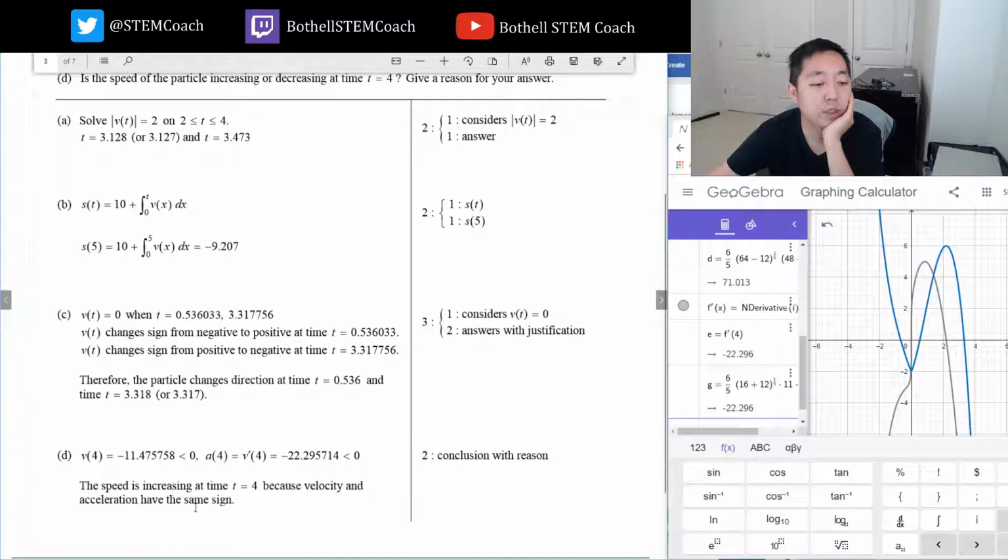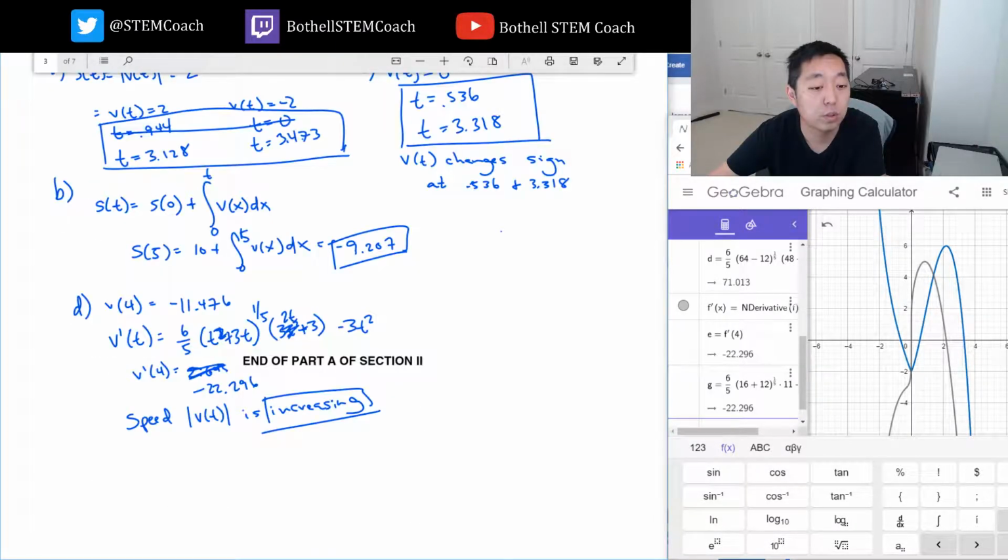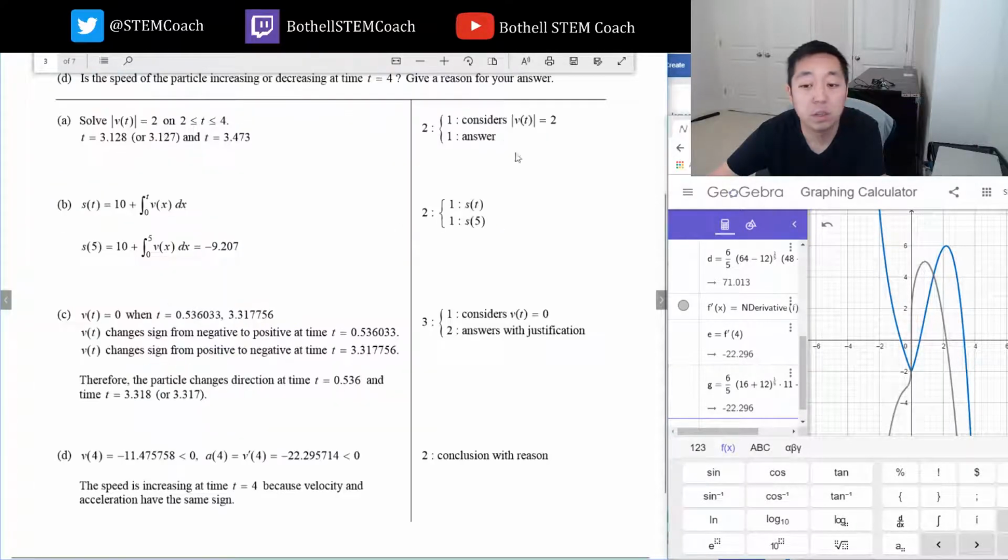Speed is increasing because velocity and acceleration have the same sign. That's one way to write it out. Let me just save the numbers: minus 11.476 and minus 22.296. Yep. Okay. All right. On to the third one, which will no longer have the calculator portion.